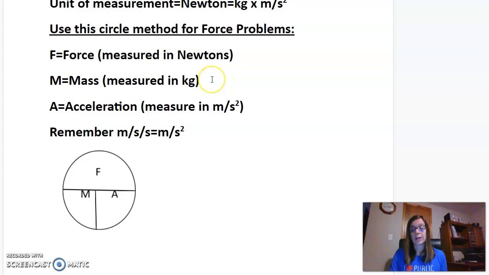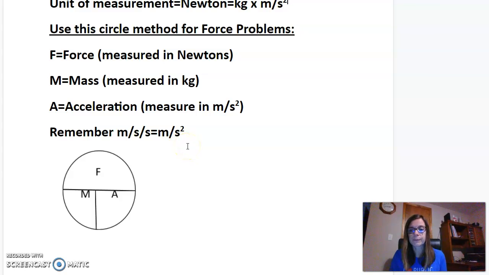Mass would be measured in kilograms normally, if you're staying with SI units, and acceleration is measured in meters per second squared.